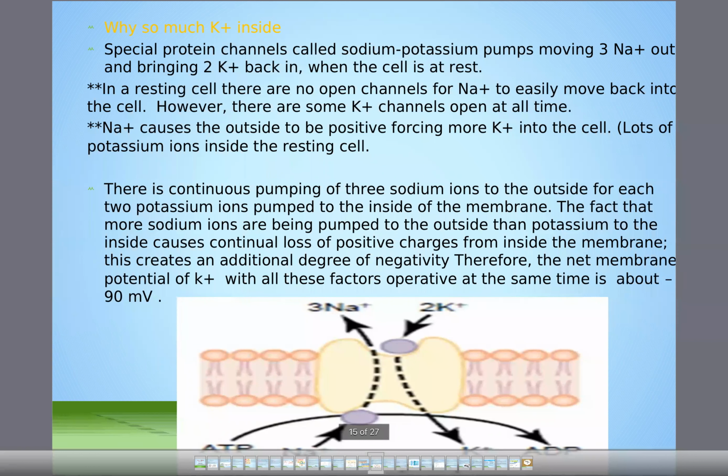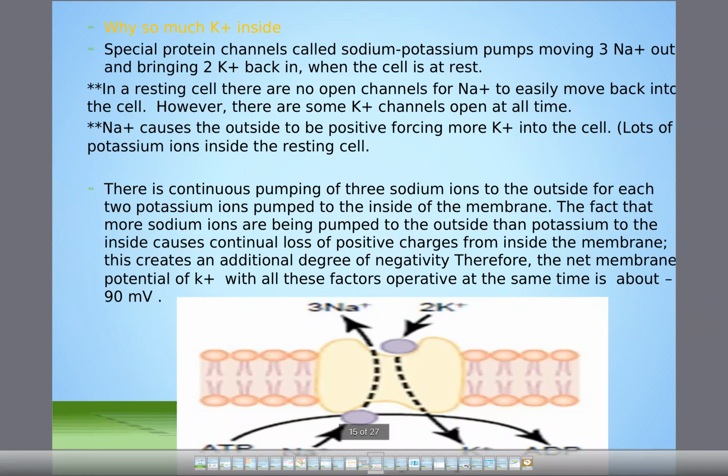If we look here, we find the special potential channel called the sodium-potassium pump, moving 3 sodium out and bringing about 2 potassium into the cell at rest. In a resting cell there is no open channel for the sodium to easily move back inside the cell.